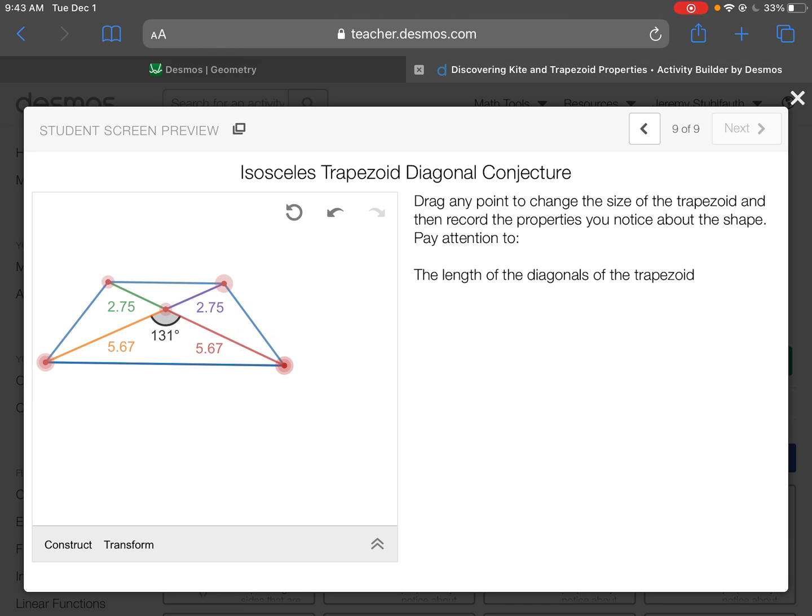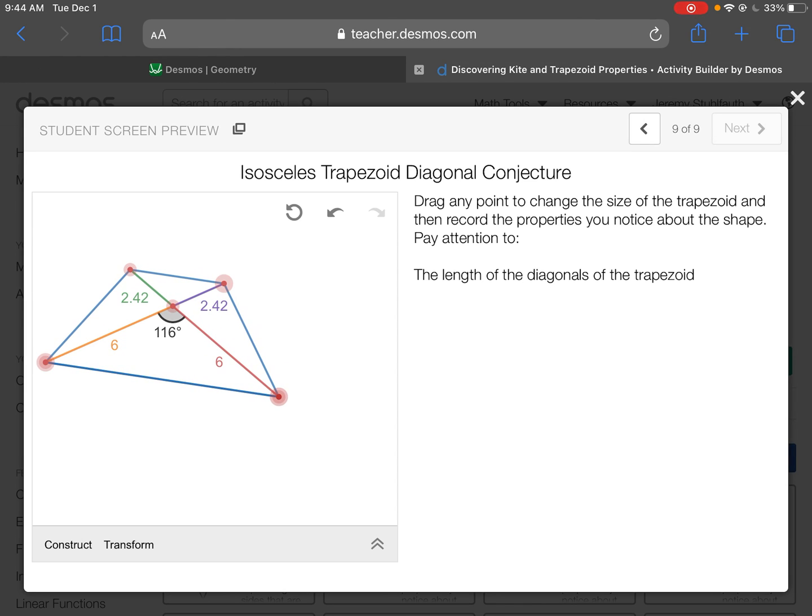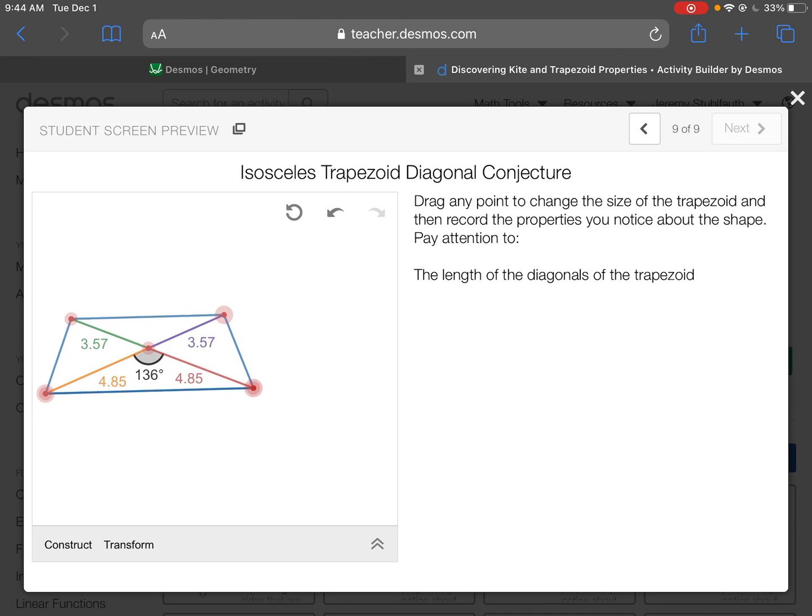Okay, so if you take a look at that, you should notice that there are some congruencies, correct? So what we have here is that the diagonals are 6 and 2.42, 2.42 and 6. If you add those together, you would get 8.42. 3.69, 3.69, 4.73, 4.73.